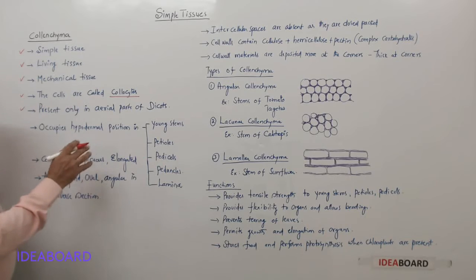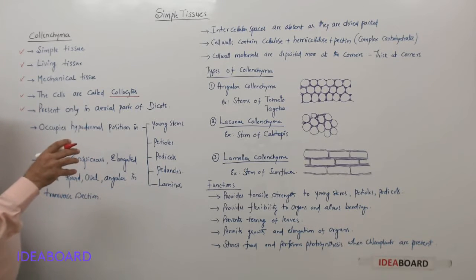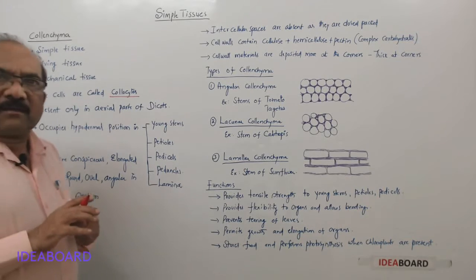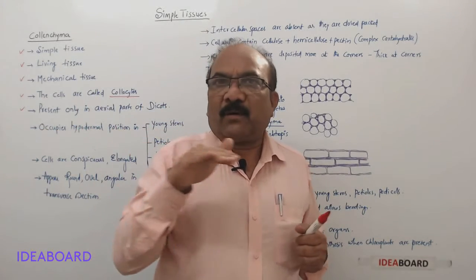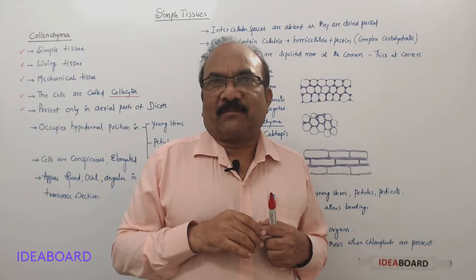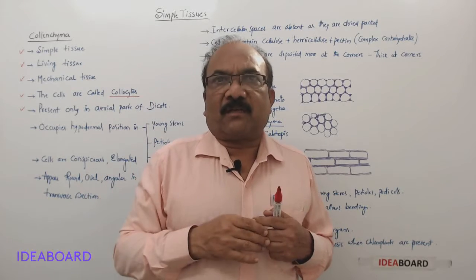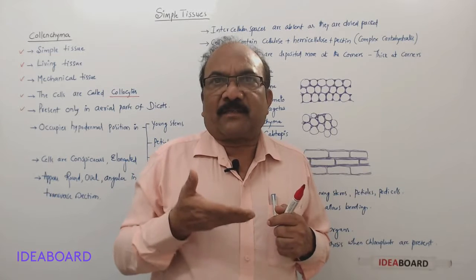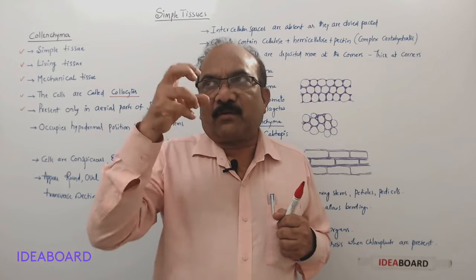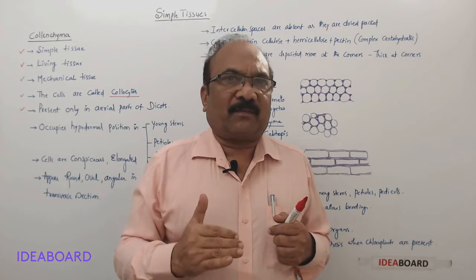And remember, this tissue is always confined to one area. It is always present below the epidermis. Epidermis is the outermost tissue, and below that it is present. What do you call the tissue present below the epidermis? Hypodermis.